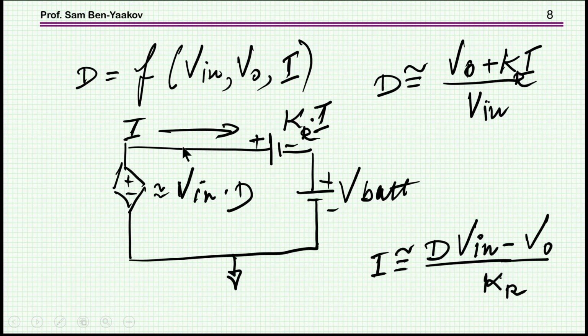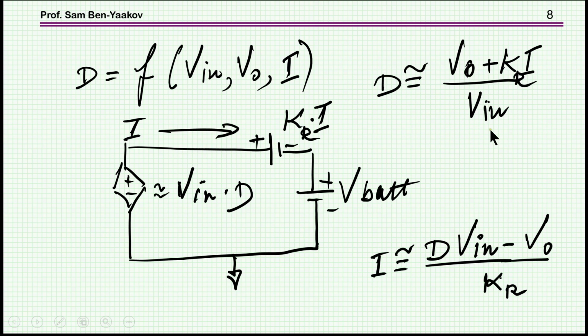Now this voltage is equal to the battery voltage plus the voltage drop on the resistor. In this case, we have just the resistance of the inductor. So the duty cycle now times V in, or this voltage, has to be equal to these two.